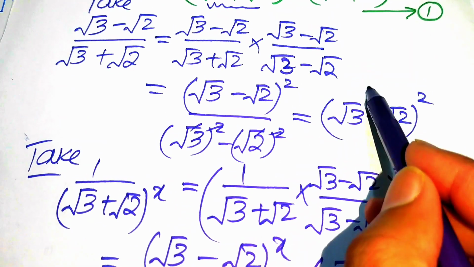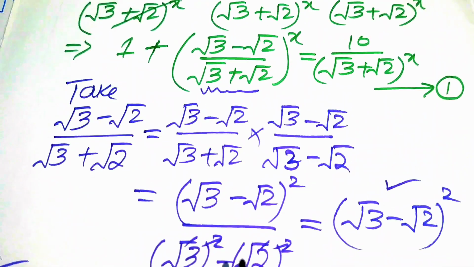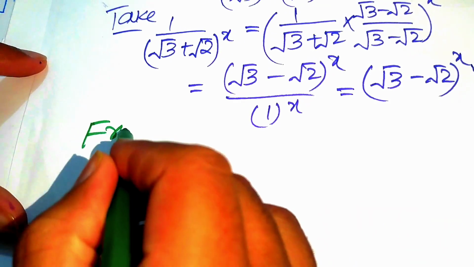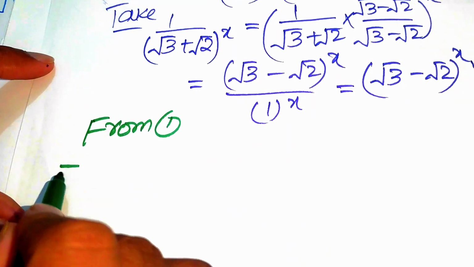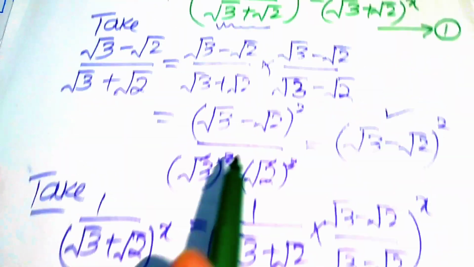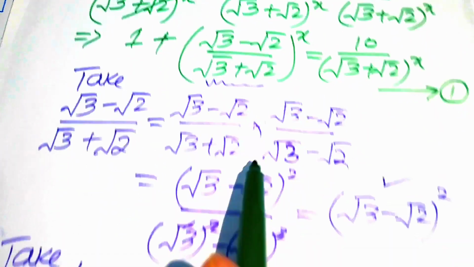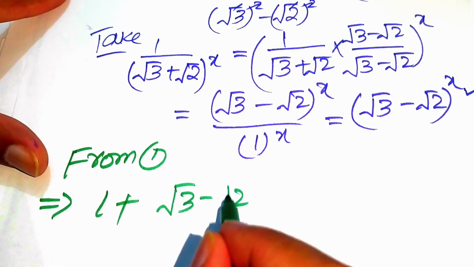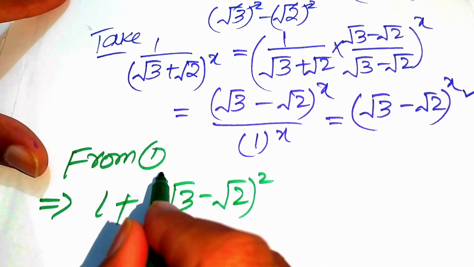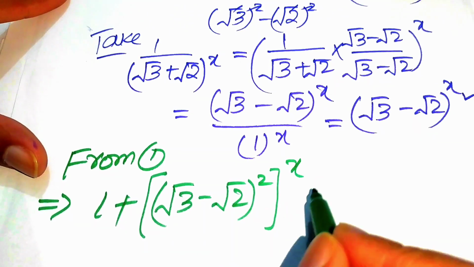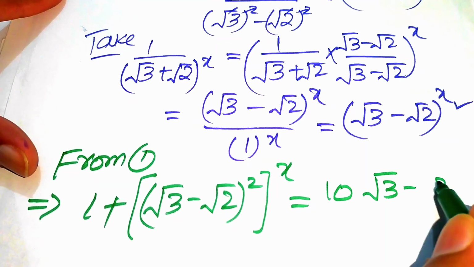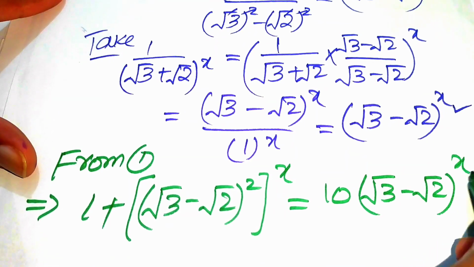Now we substitute these values in equation number 1. Equation number 1 becomes 1 plus the base (√3 − √2)^2, whole power x, equals 10 times the right hand side, (√3 − √2)^x.